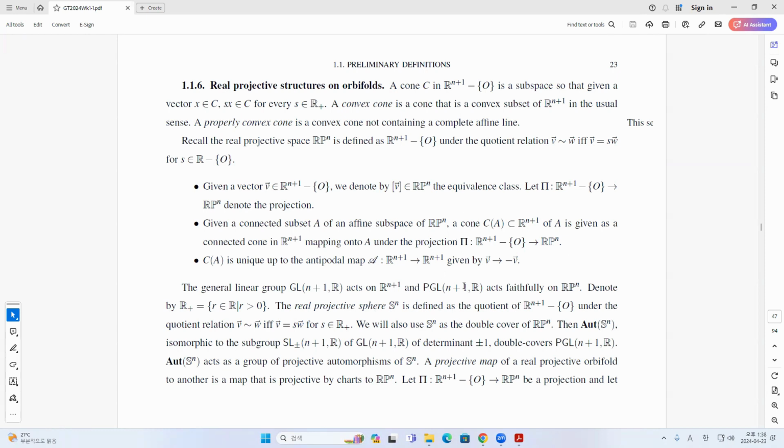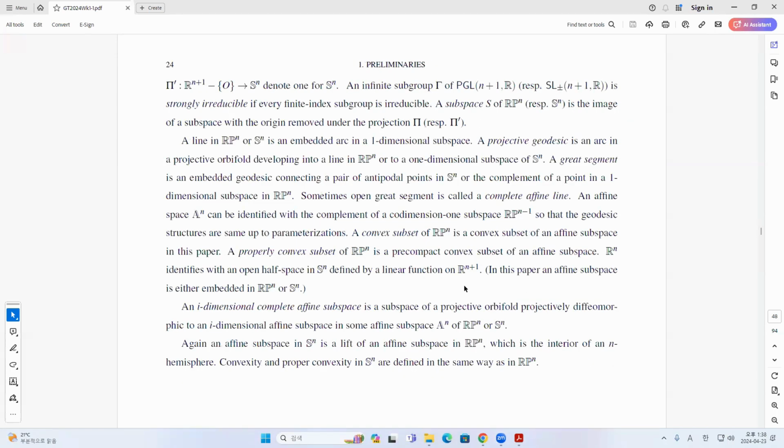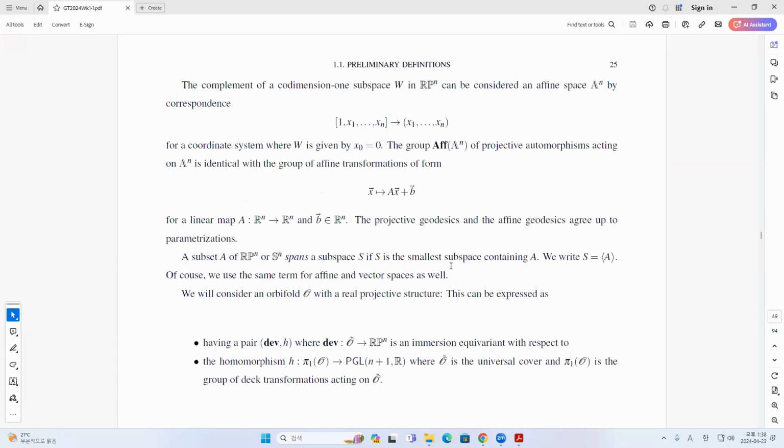There are some notions of these kinds of things. And the affine group is the group of projective automorphisms fixing the affine space, and think about the developing map and so on.